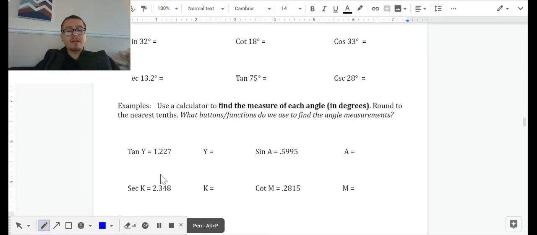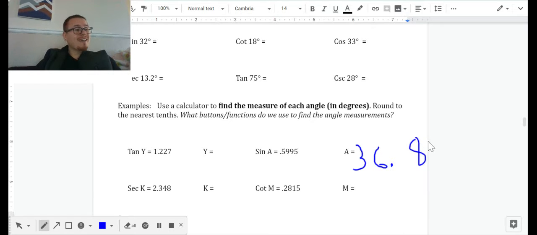That is what you would write for that. So A would be 36.834 degrees. These are angle measures. Tangent works the same way.